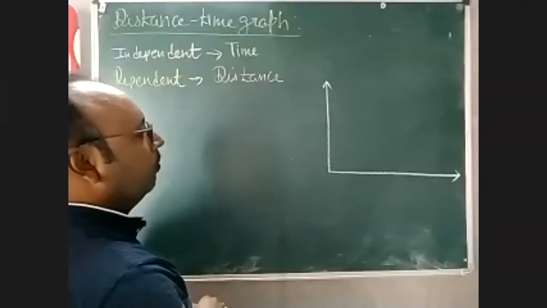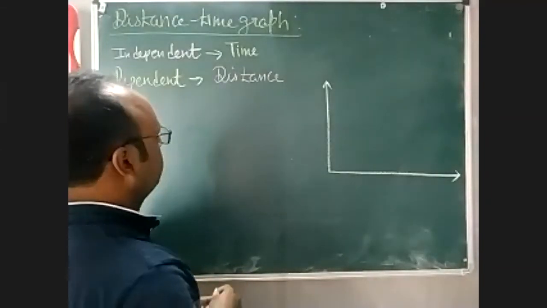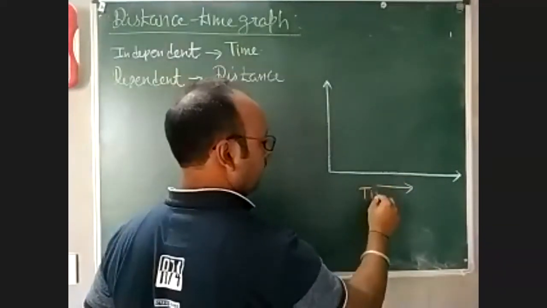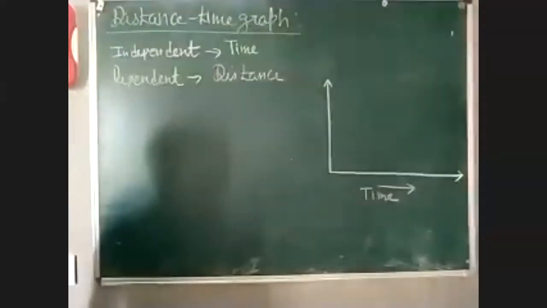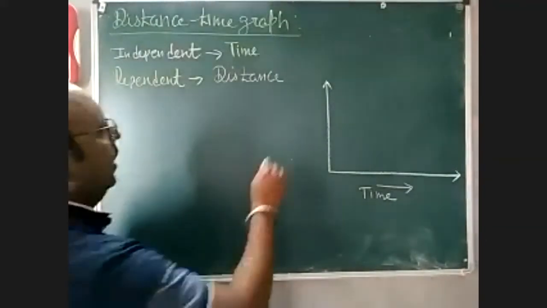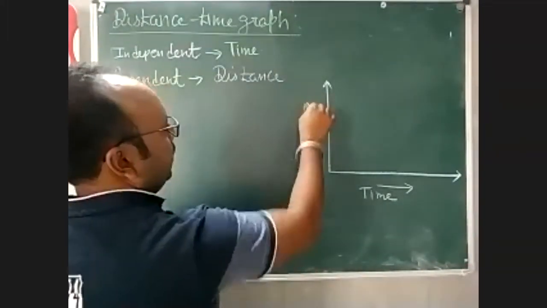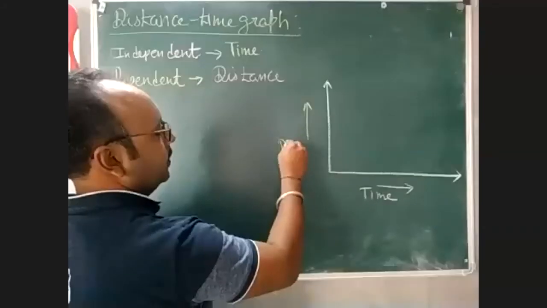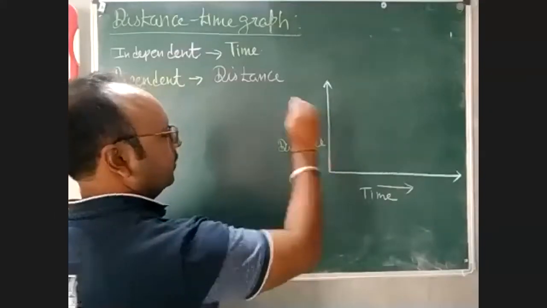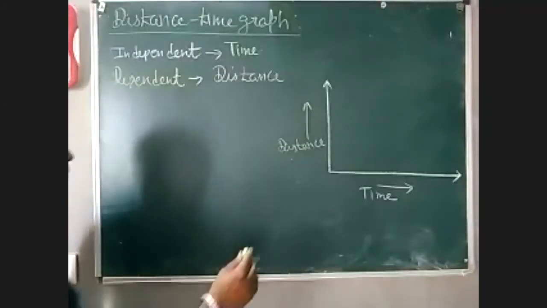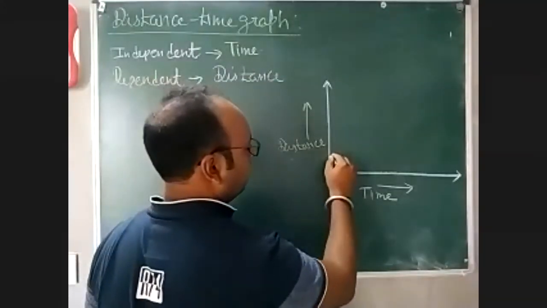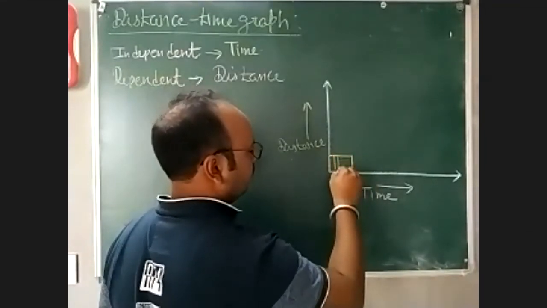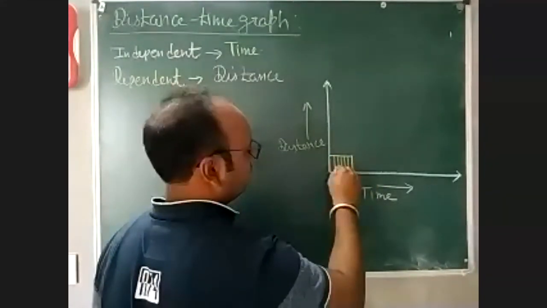On the horizontal axis we take time, that is the independent variable, and on the vertical axis we take distance, that is the dependent variable. Now on graph paper you can easily see these kinds of boxes in which lines are drawn like this.